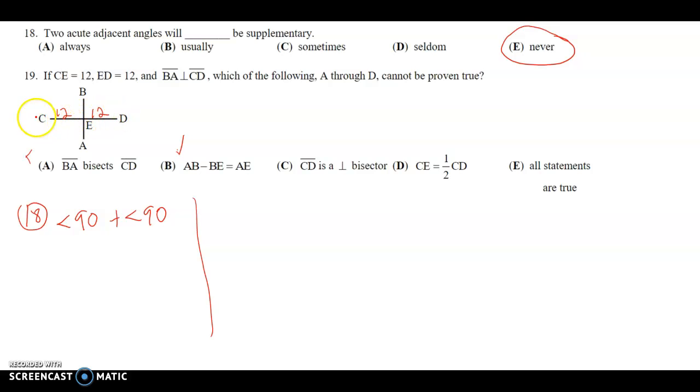That would imply we'd need BE to be equal to EA, and we do not have that. We could go on just to check and make sure. E says all statements are true, and we're thinking that C is not true. D says CE is half of CD, which we know is true from the given information. So our answer is C.